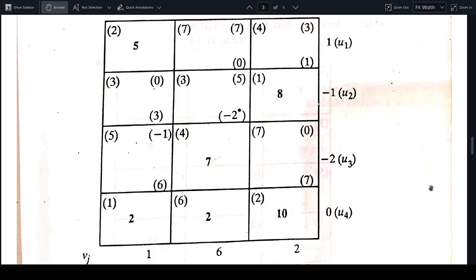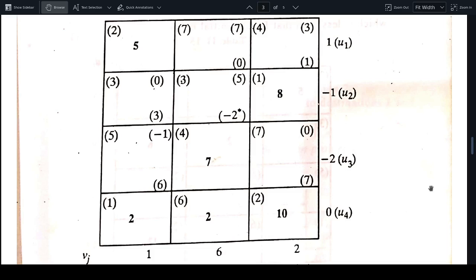So we move to 10, where allocation 10 is present in cell number 4,3, and from 4,3 we again move left hand side. You see allocation present in cell number 4,2. Here allocation is 2. And again you move upward, and here again this one coincides with minus. So you see, moving in this way we form a loop.